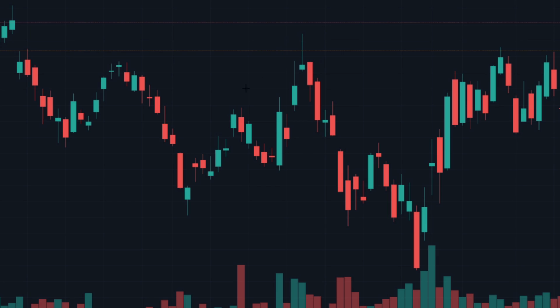So we can actually start with the one we took a look at in the beginning of the video. This right here is Intel, a big tech company in the US, and the shooting star is the candle right here. So let's take a look at why this is a shooting star. Well, the first criterion is that we have an upwards movement prior to the pattern. So right here we had an upwards movement, so that is good. The second criterion is that the actual shooting star has a small real body, and we can see that it does.